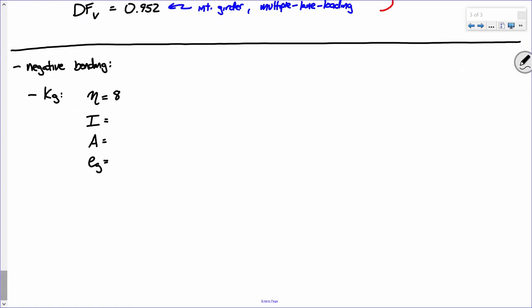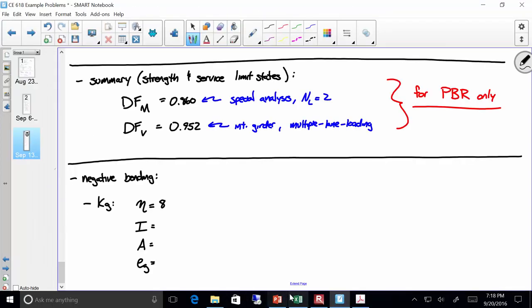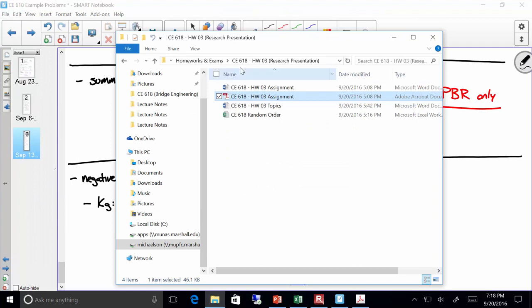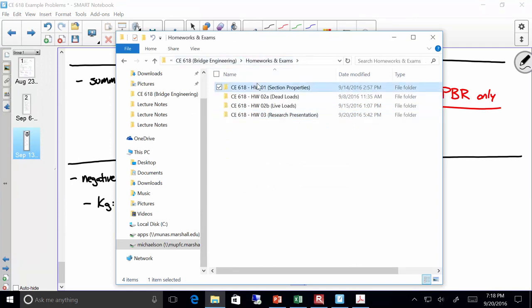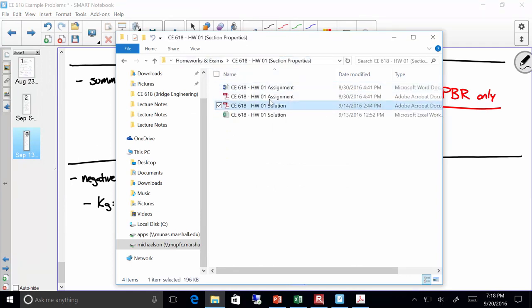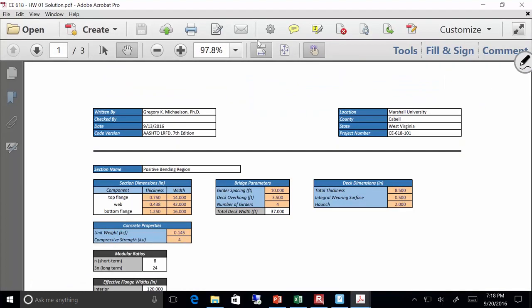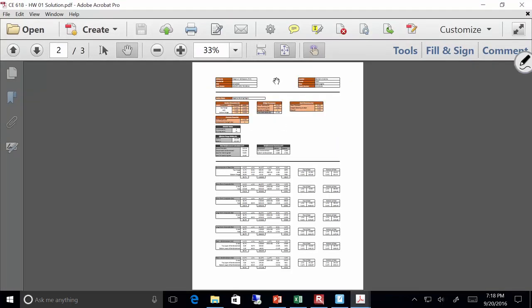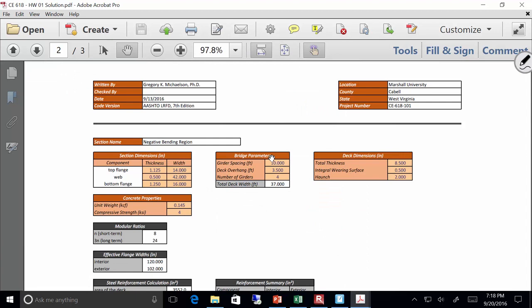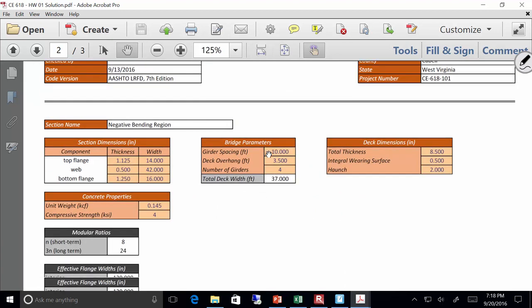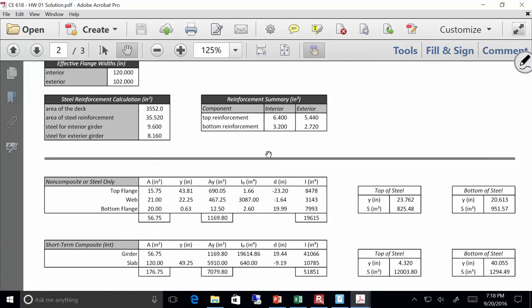So let me go back to my folder. Let's go back to my notes, section properties. Let's go here, and let's look at our negative bending region. So here's my spreadsheet with the negative bending region properties on it, and we're interested in this one right here.